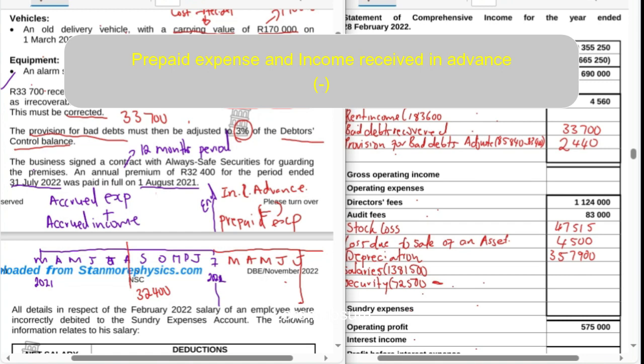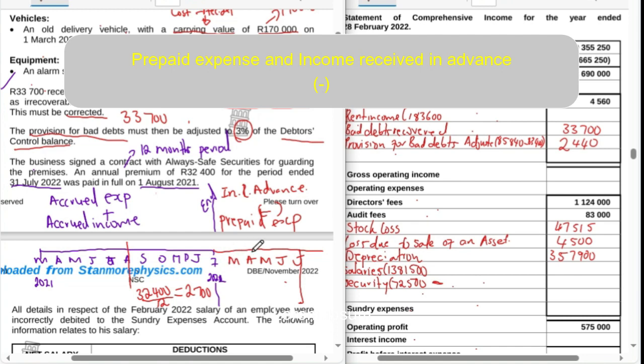Then we know this 32,400 was paid for 12 months, then divided by 12. So each and every month we are paying how much? 32,400 divided by 12 months, meaning each and every month we are paying 2,700. Then how many 2,700 are we not interested in?